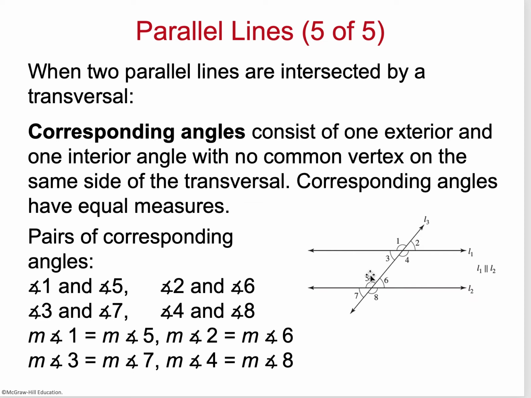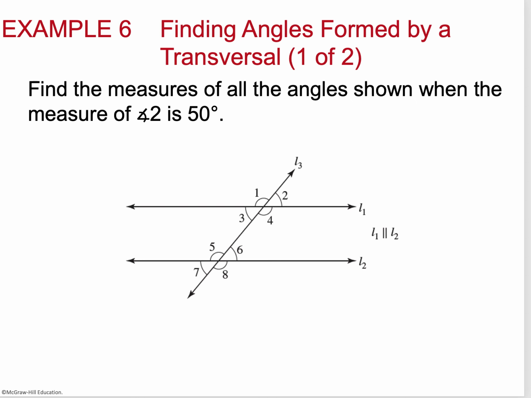If I look at angle 5, that angle is in the top left. So those are corresponding angles, which means they're equal. If I look at angle 8, it's in the bottom right, and angle 4 is in the bottom right. So those are corresponding angles which have the same value.